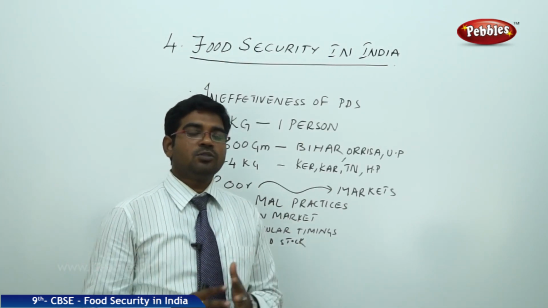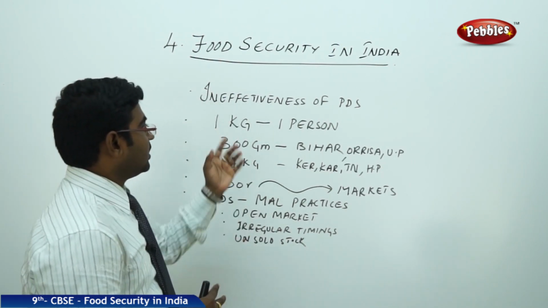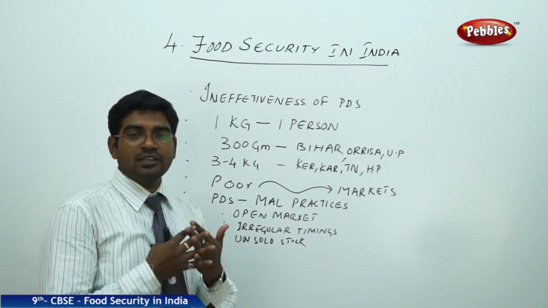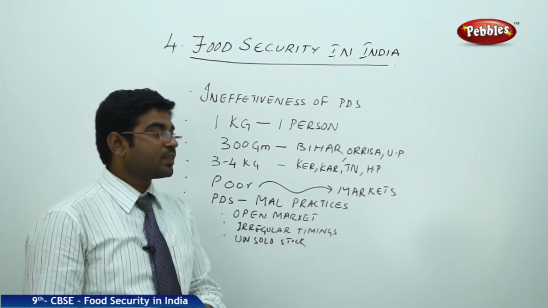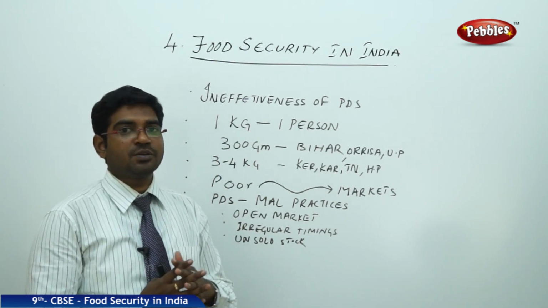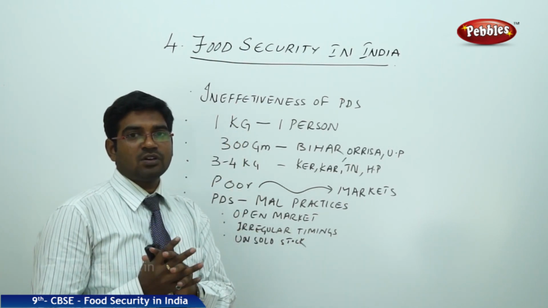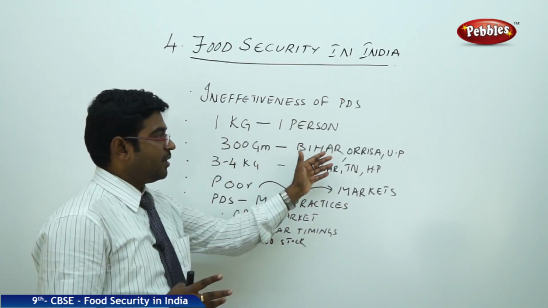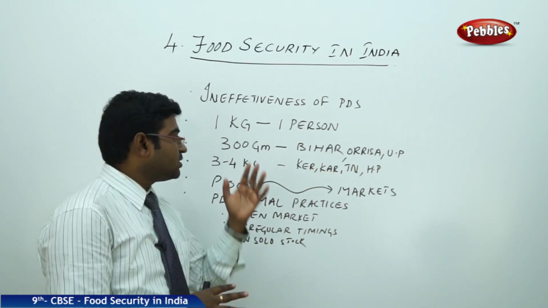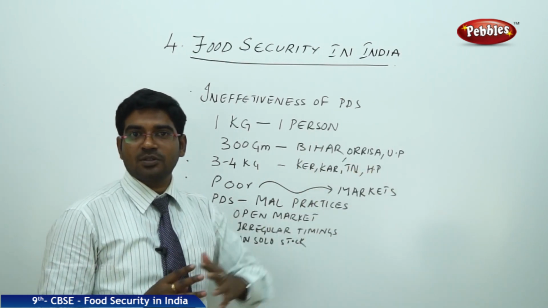To know further about the ineffectiveness of the public distribution system, as per the stock available for us, in one region it is one way, in another region it is different. One person is able to get only 1 kg on average. In some parts it is only 300 grams on average, like the states of Bihar, Orissa and Uttar Pradesh, while in some states it is 3 to 4 kgs, like in Kerala, Karnataka, Tamil Nadu and Himachal Pradesh.